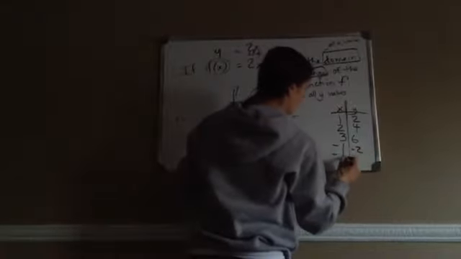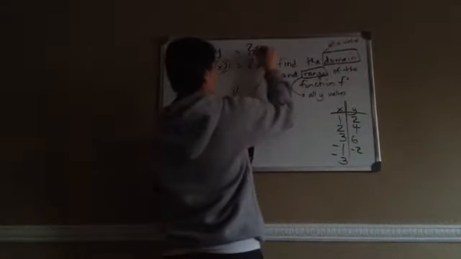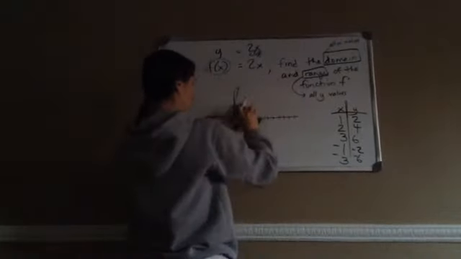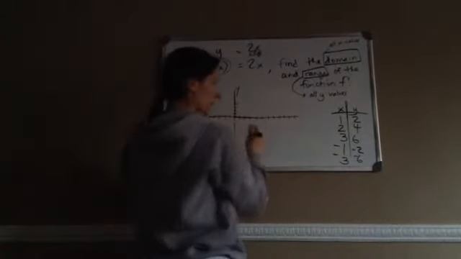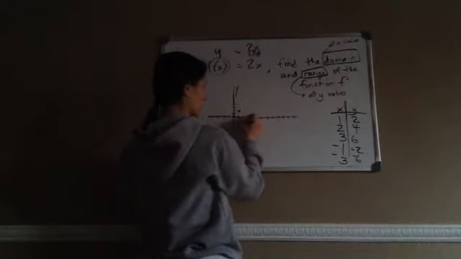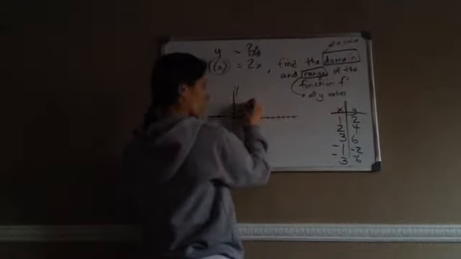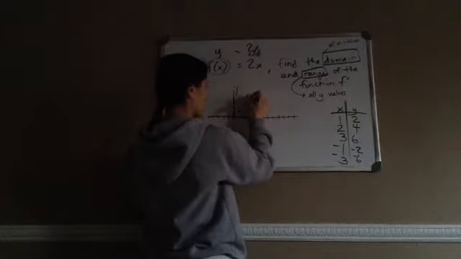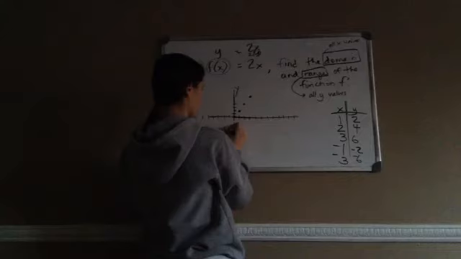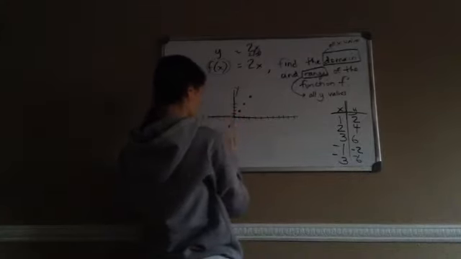If x is negative 3, it's going to be negative 6. Okay, now stay with me. So when I graph this, I plot 2, 4, 3, 6, negative 1, negative 2, negative 3, negative 6.